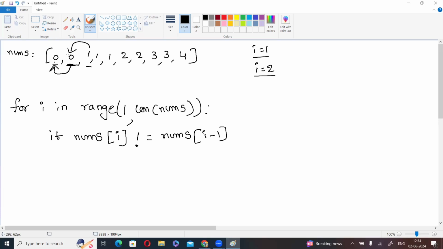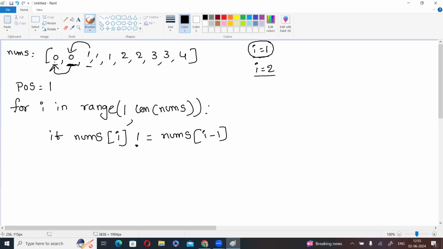How can you say that the position is free or empty? For that, I use one variable, position. Initially, I assume the value is equal to 1. Now understand, in the first iteration, i is equal to 1, nums of 1 is not equal to nums of 0.